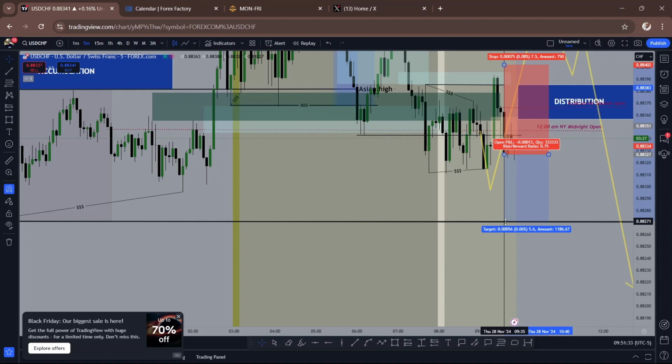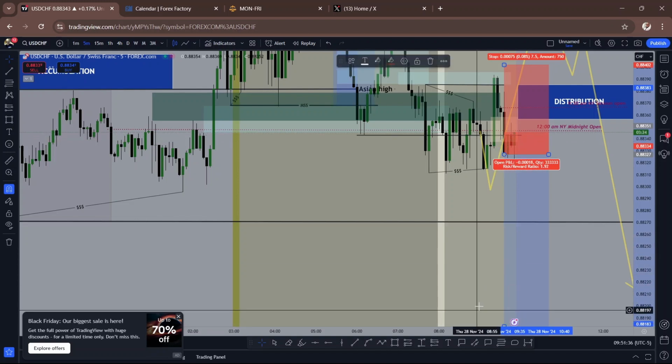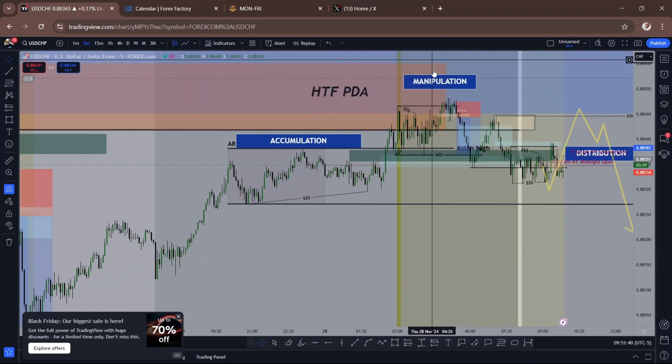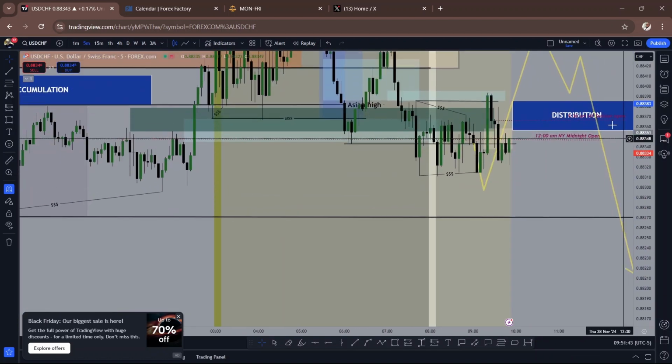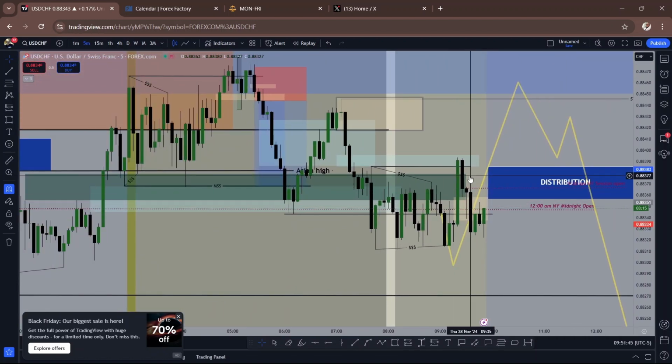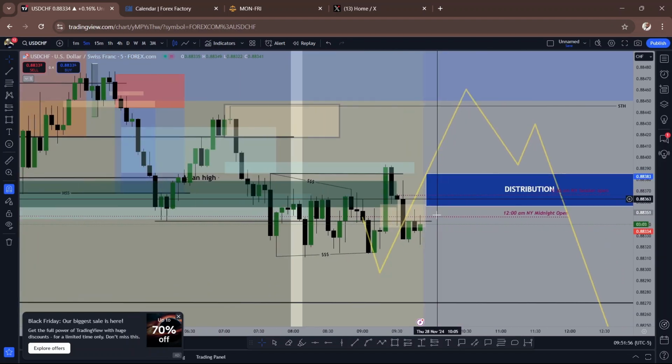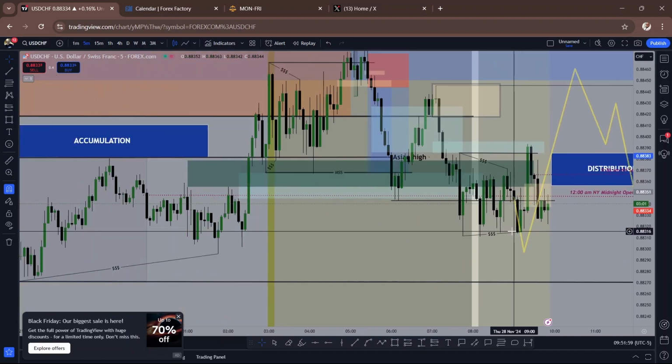I'd love to target this range and just leave for the day. Another thing is that it's still a sweep and a break, so all these points are supposed to hold. This is the midnight open. Maybe if it comes up a little bit and closes back below, I don't know. I don't see myself taking this trade though.